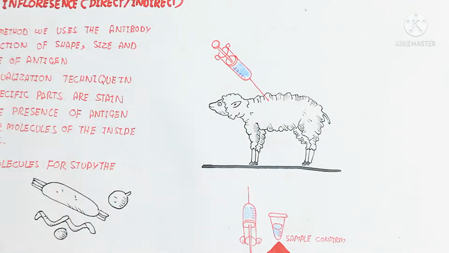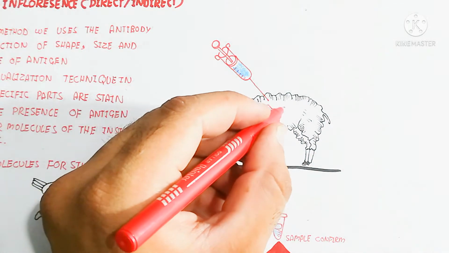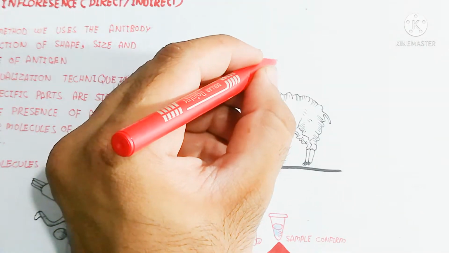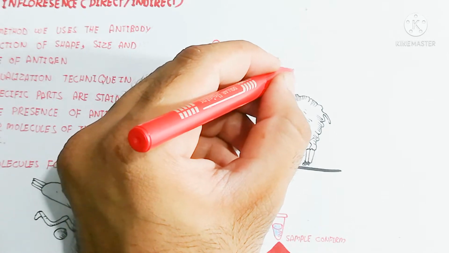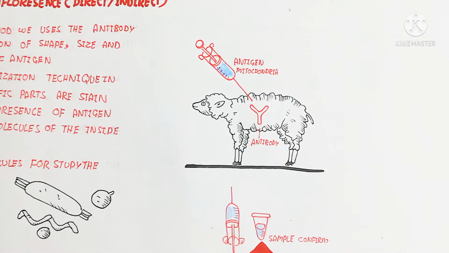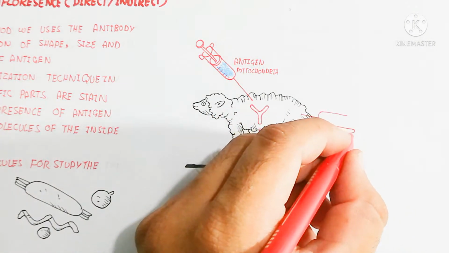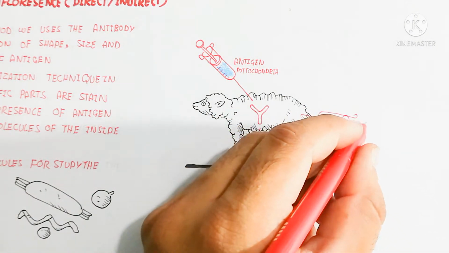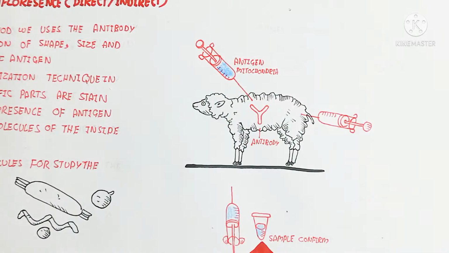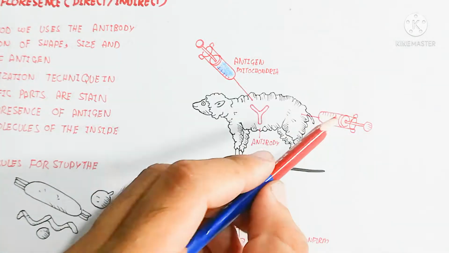When the antibodies are present in the blood, we take a blood sample of the animal. That blood sample also contains many other antibodies, which are not against the mitochondrial antigen.